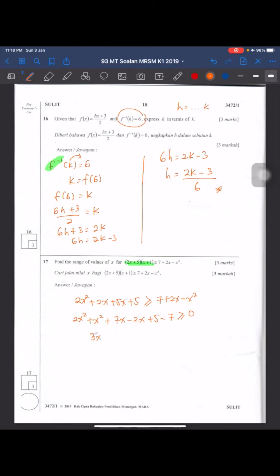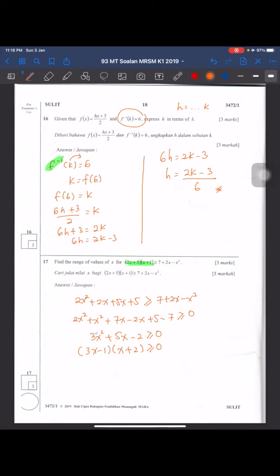So we have 3x square plus 5x, 5 minus 7, negative 2. So we factorize, we will get 3x minus 1, x plus 2, more or equals to 0.